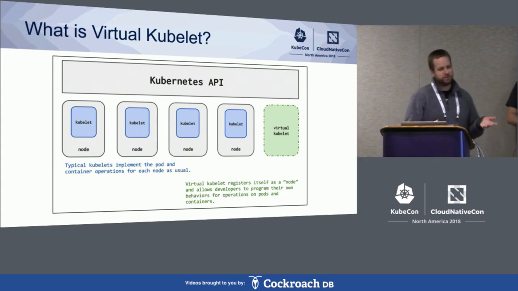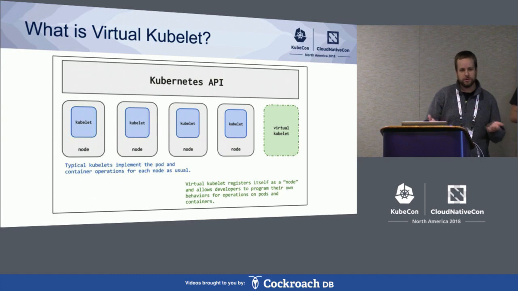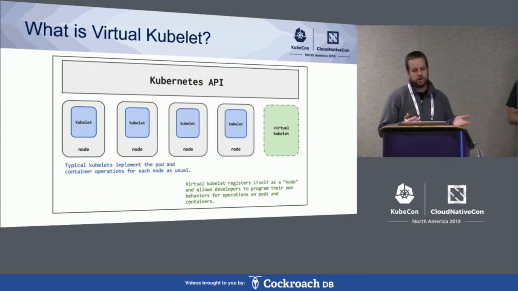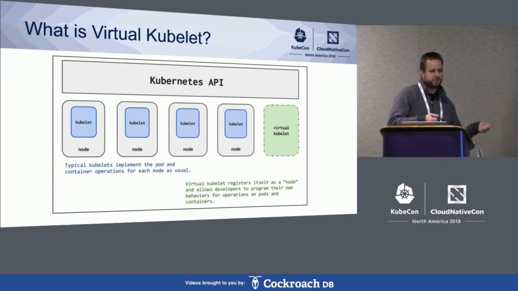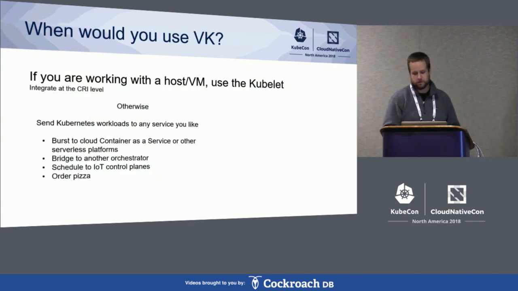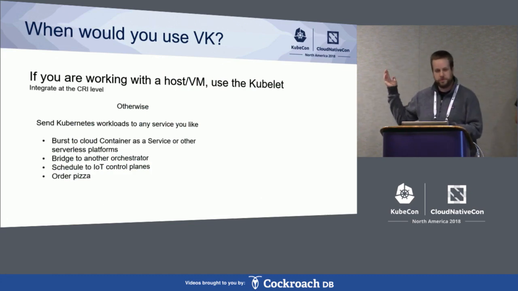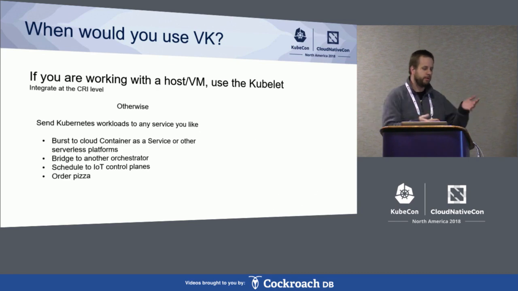So virtual kubelet acts basically just like a node in the cluster for the most part. Kubernetes schedules pods to it. It makes sure the pods run. That's it. We're done. See ya. So I can just replace the kubelet with virtual kubelet for some reason? No, not really.